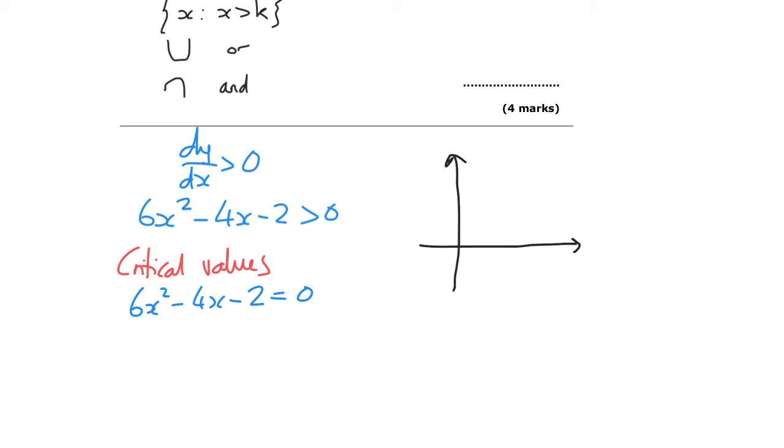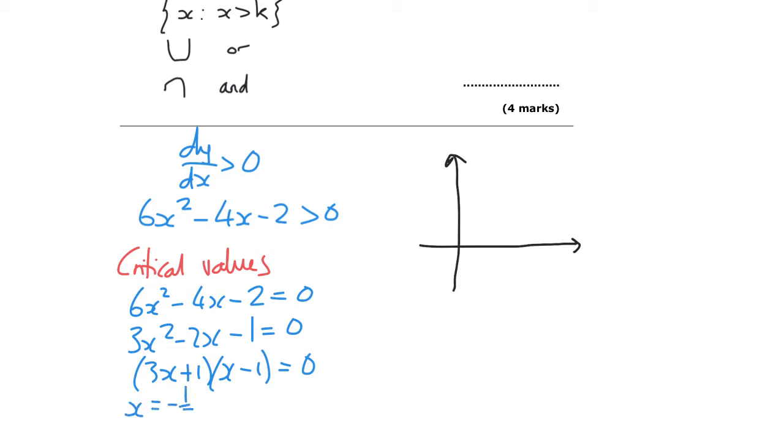It's up to you. I'm just going to quickly divide both sides by 2 to get 3x squared minus 2x minus 1 is 0. And I can factorize that to get 3x plus 1, x minus 1. So I get that my critical values are x equals minus a third by making the first bracket equal to 0, or x equals 1 by making the second bracket equal to 0.